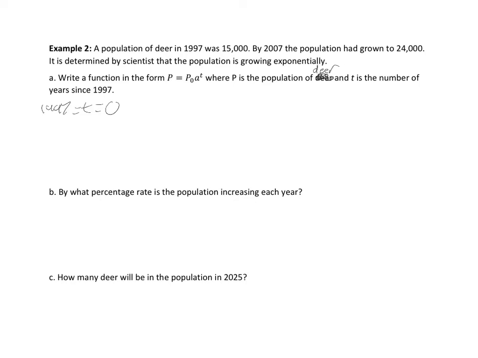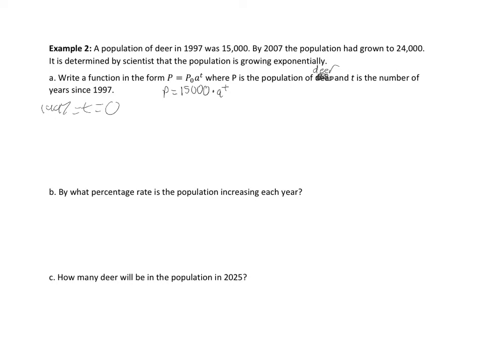Okay, so far what do we know? P equals P naught. P naught is always our initial value. In this case, our initial value would correspond to the year 1997, which was 15,000 deer, times a to the t. So we need to somehow find a. We've got this other point, that in 2007 the population was 24,000.